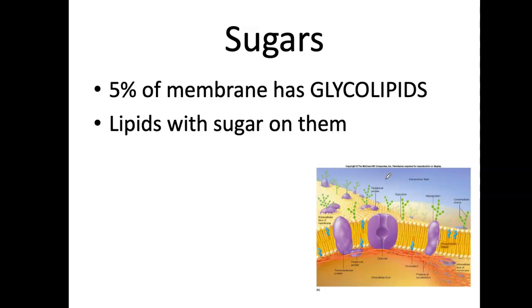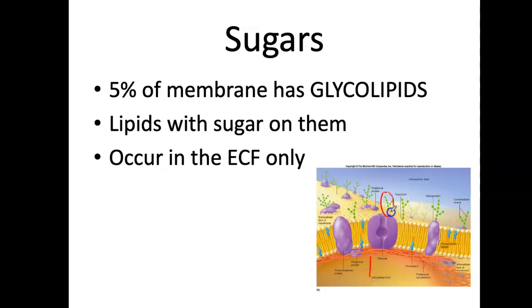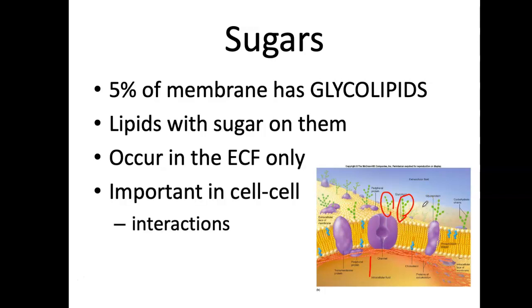It could be a glycoprotein also, which is a protein with glucose on it. They occur only in the extracellular fluid. Notice how they're not coming down this way. All these green guys are only protruding to the outside of the cell, to the extracellular fluid. They are very important in cell-to-cell interactions, how cells communicate with each other. So we want them there.